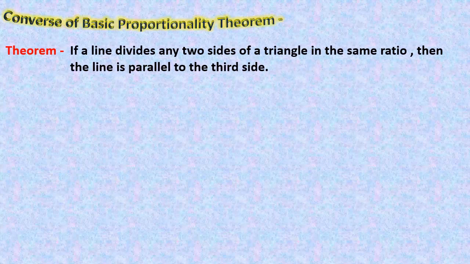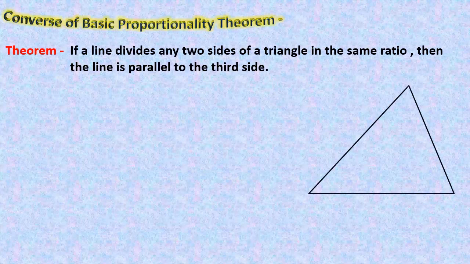In triangle ABC, the line divides two sides of the triangle in the same ratio. Line DE divides side AB into two parts, and the ratio we consider is AD divided by DB.